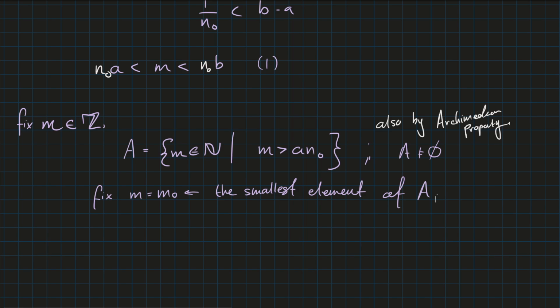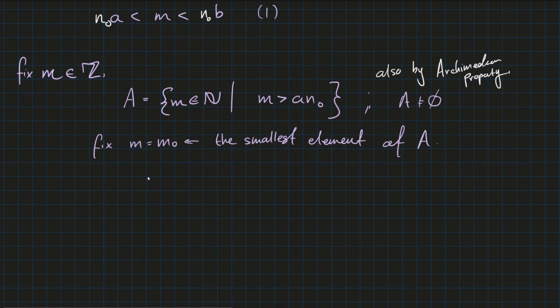It has the smallest element, so we're going to fix that. Now with this choice of m, we need to show n naught a less than m naught less than n naught b. We need to verify this.